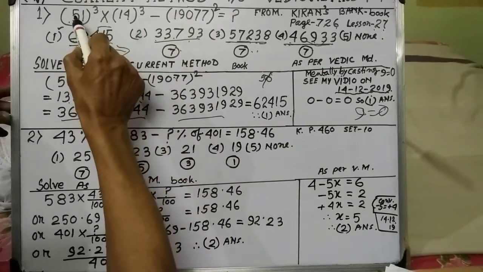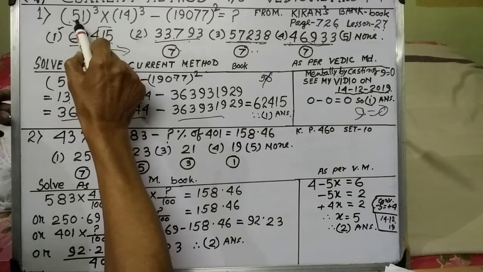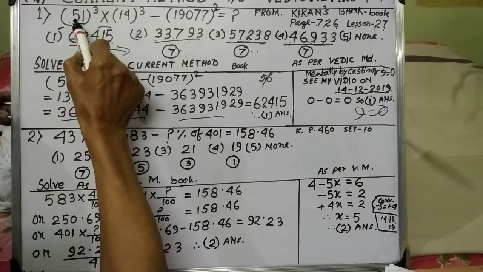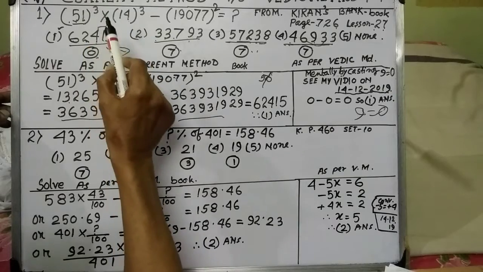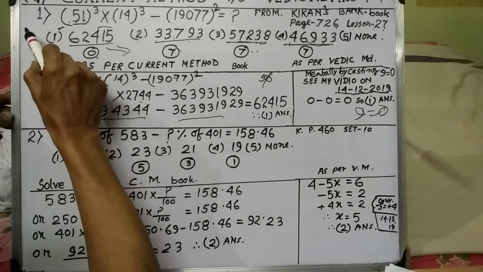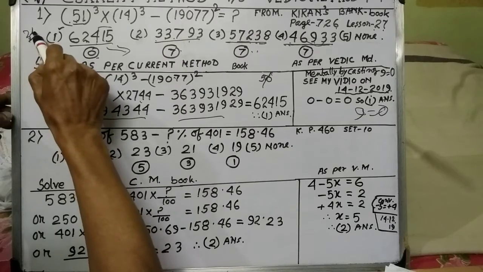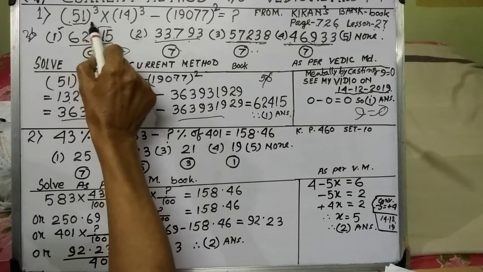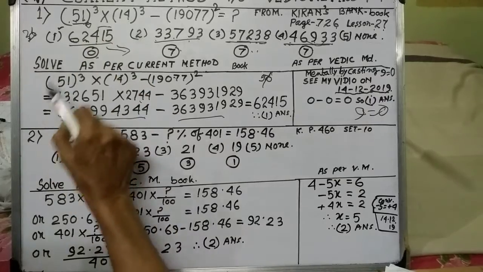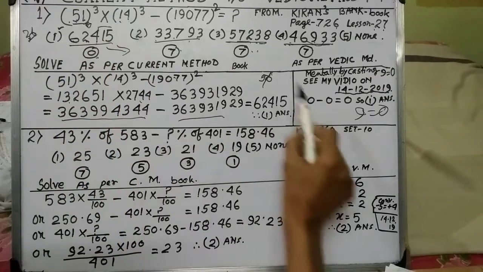Just you see. Here, by casting 5 plus 1, 6. 6 cube means 6 into 6 into 6. 6 into 6, 36. That is 6 plus 3, 9, that is 0. So 0 into anything, another 6, 0. So this figure by casting is 0. 0 into anything is equal to 0.